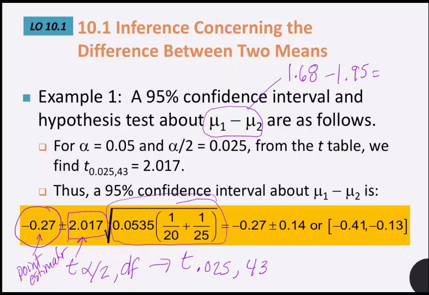So we had our H0, which is mu1 equal to mu2, and HA, which is mu1 not equal to mu2. So we're going to reject the null in favor of the alternative, because in this case our analysis suggests that 0 is not included in our interval. So therefore we can feel pretty confident in rejecting the null hypothesis in favor of the alternative.